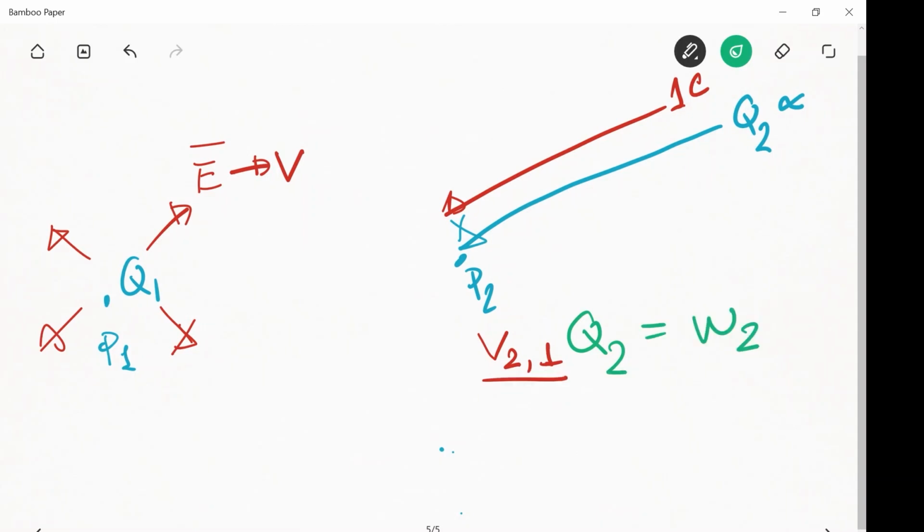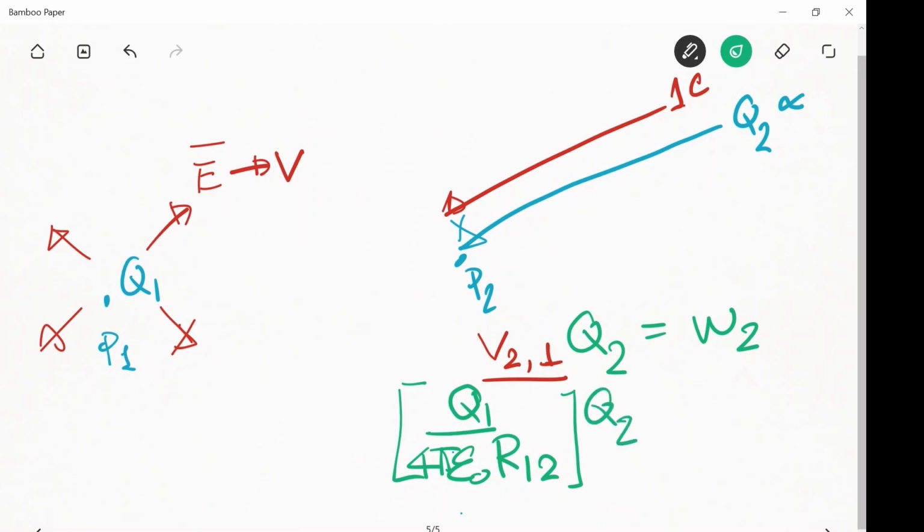So what is the equation of V21? V21 is Q1 divided by 4 pi epsilon 0 R12, where R12 is the distance between point 1 and point 2. This is a potential, and then I multiply with Q2. But if I change the order of Q1 and Q2, I put Q2 here, divided by 4 pi epsilon 0 R21, multiplied with Q1.